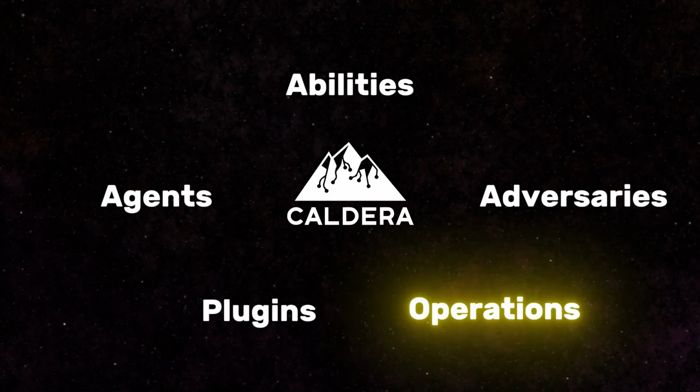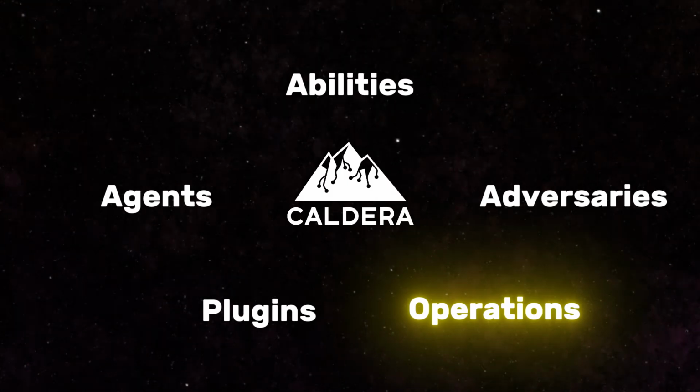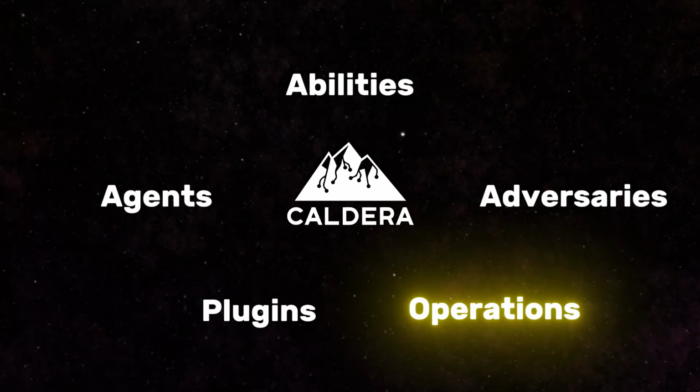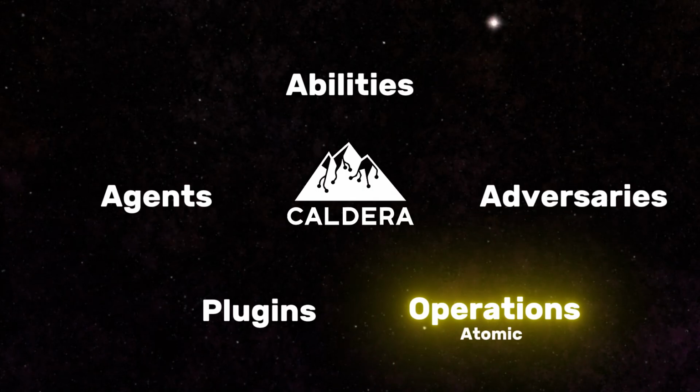And then there's operations. Operations run abilities on agent groups, right? And during execution, the planner determines the order in which abilities are executed, and there are different options to choose from. If you choose the atomic option, all abilities will execute based on their atomic ordering.